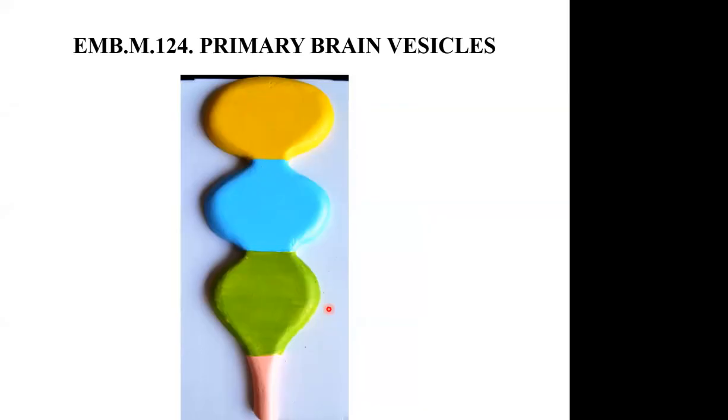So now what is this? It is labeled brain vesicles. Already you know that the cranial end of the neural tube forms our brain and the caudal end forms your spinal cord.